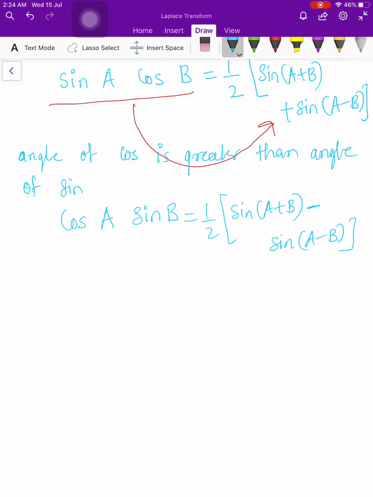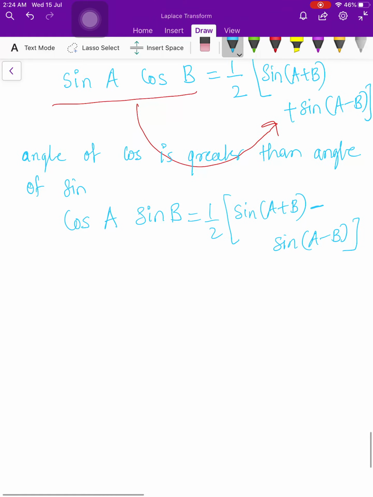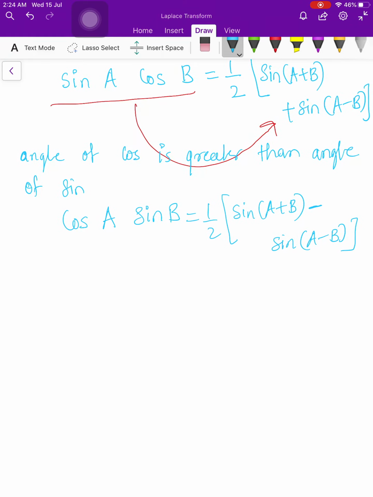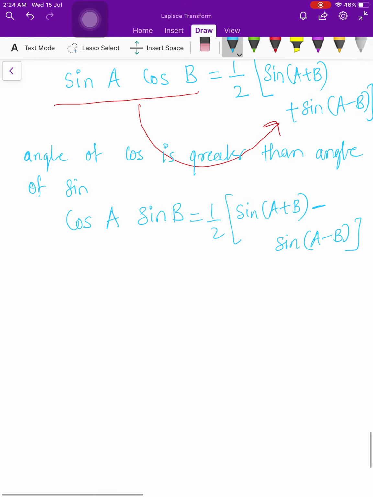Next formula: these were different trigonometric functions. What happens if we have the same trigonometric function? The formula for cos A cos B: whichever angle is bigger, you have to write that cosine function first.